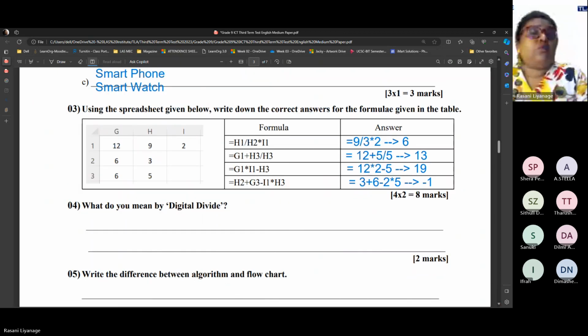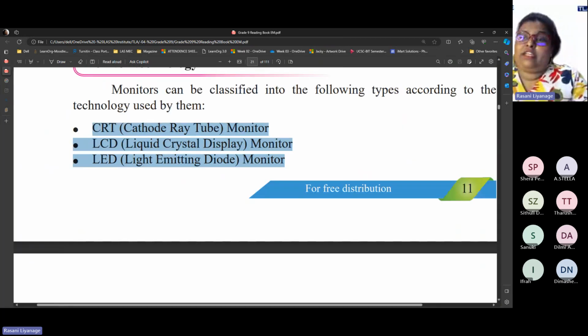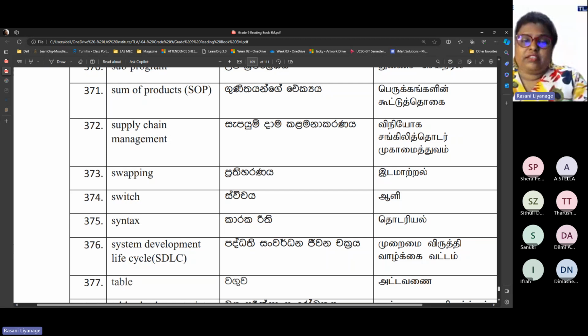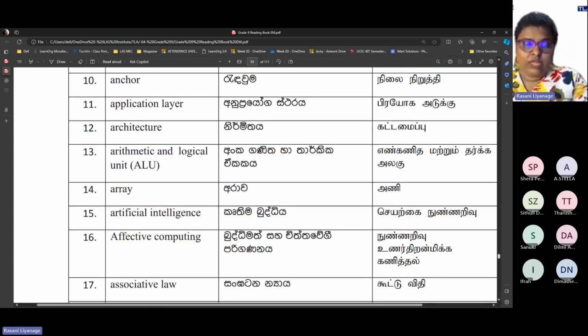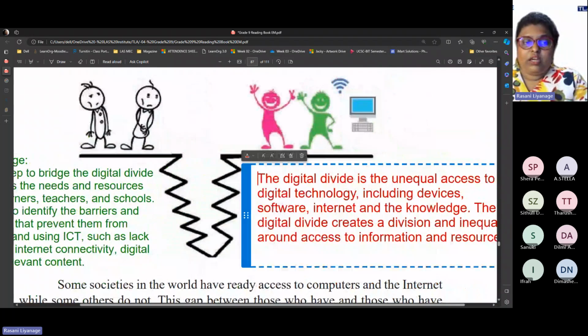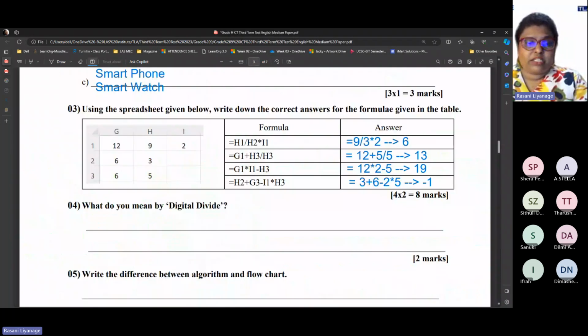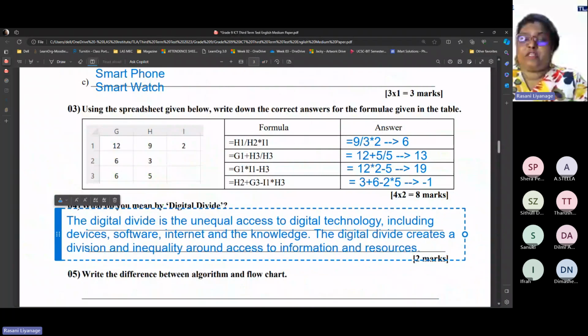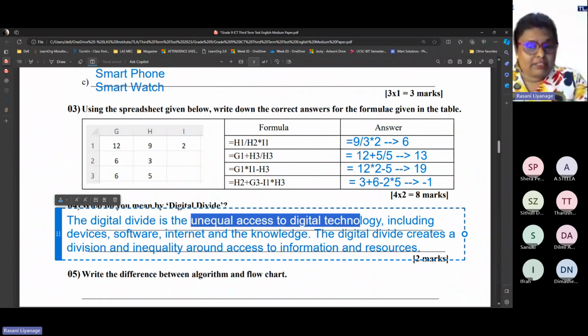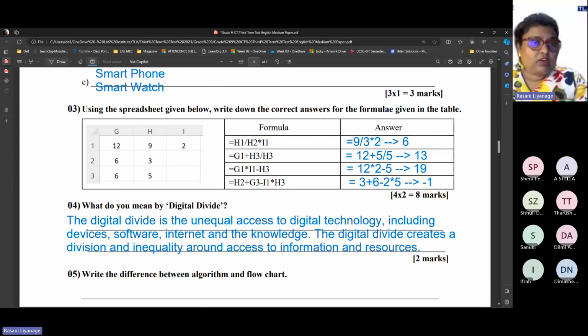Next. What do you mean by digital divide? Now I've given a very clear one. The one in the textbook is also okay, but here I have given a very good explanation about digital divide. That's sort of a definition. It's an unequal access to digital technology, right?